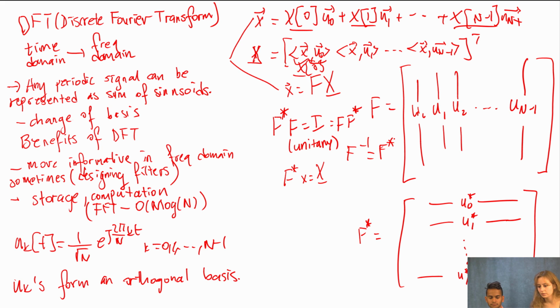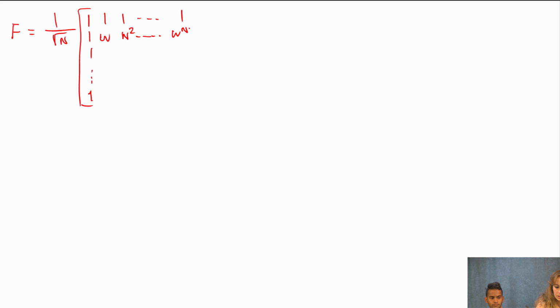Also, you can write F as 1 over square root of n times a matrix whose first row is all ones, and whose other rows are 1, omega, omega squared, up to omega to the n minus 1, then 1, omega squared, omega to the 4, up to omega to the 2 times n minus 1, and so on, up to omega to the n minus 1 squared.